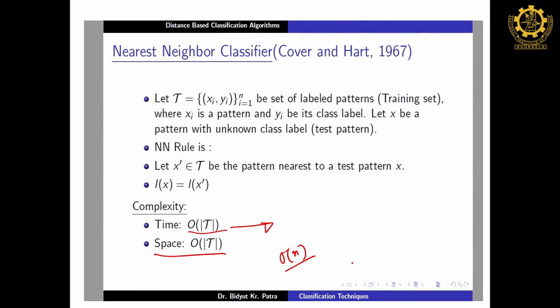So, as you see, this algorithm was proposed in 1967, but it has one severe drawback. We are talking about the closest object's class level: x is the unknown pattern, you find x dash in the training patterns, and you see its class level, and that will be the class level of the unknown object. But what may happen is that in many cases the labeling is done by a human being, so there may be an error.